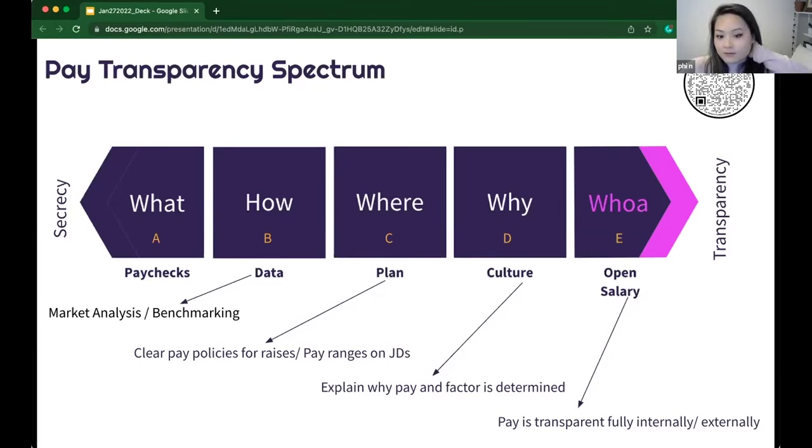You might think these are public agencies, but there are actually a few private companies who are starting to practice this level of extreme transparency because one of their core values is radical transparency. And this is one way that they can show and walk the talk that they are being transparent.